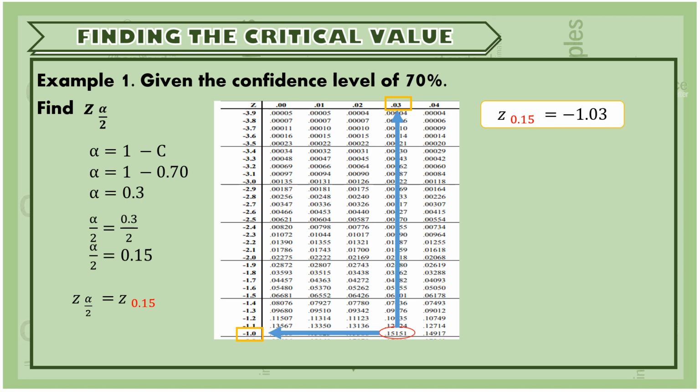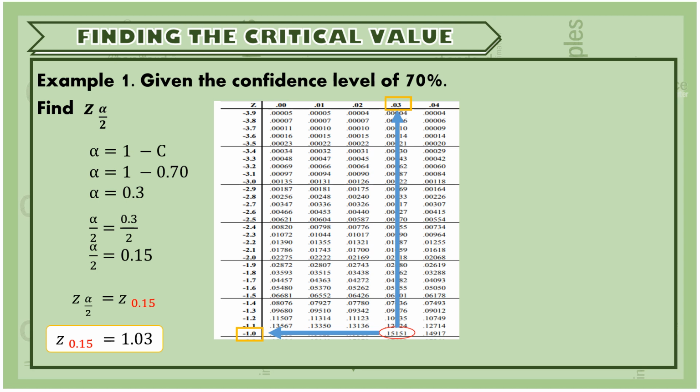Since negative 1.03 is symmetrical to positive 1.03, therefore, our critical value is positive 1.03, or z sub 0.15 is equal to positive 1.03.